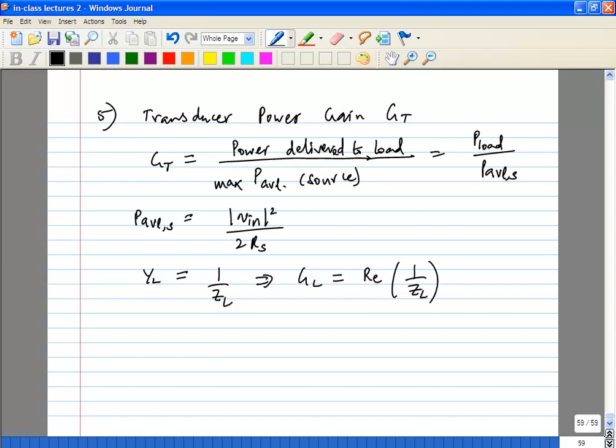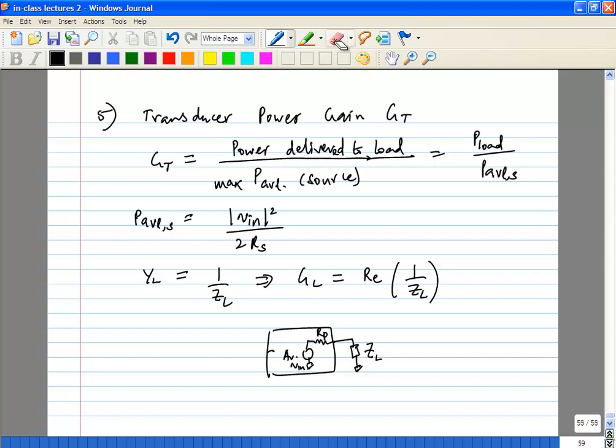Okay. So if you look at the output, you have the 2-port. You have some Av times Vn. You have some R out here, which is RP in our case, and we have some ZL.